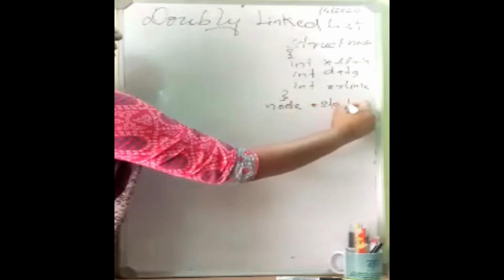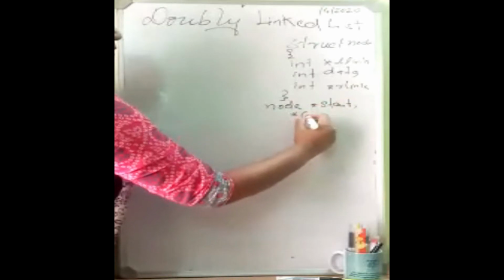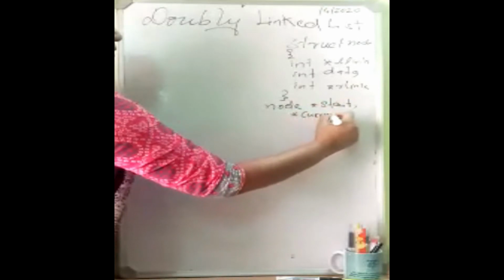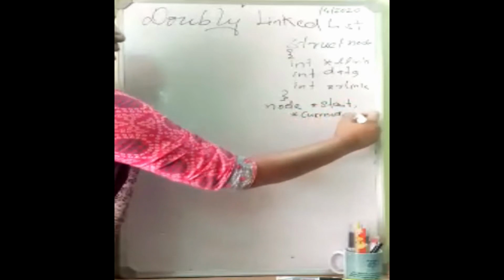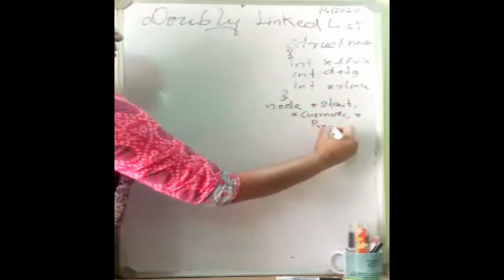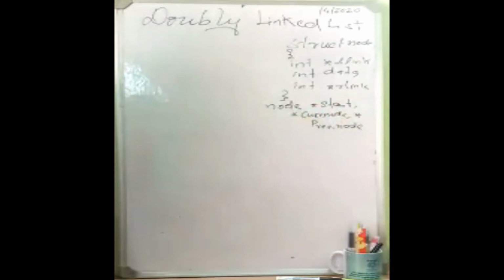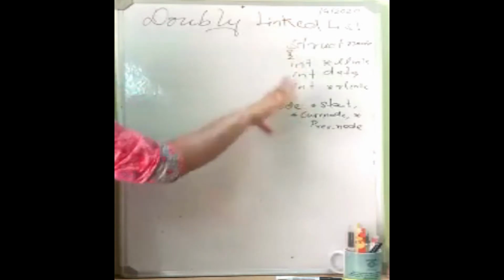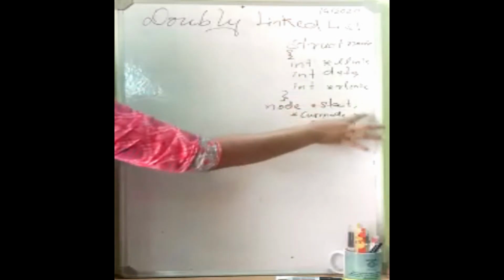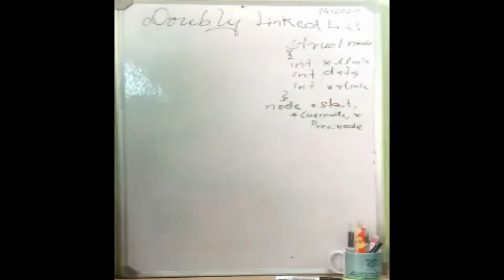As usual: start, current node, previous node, right? And how to create a new node? By using malloc, which you know, right? So this is my node structure, and these are the objects I am going to use for this algorithm.